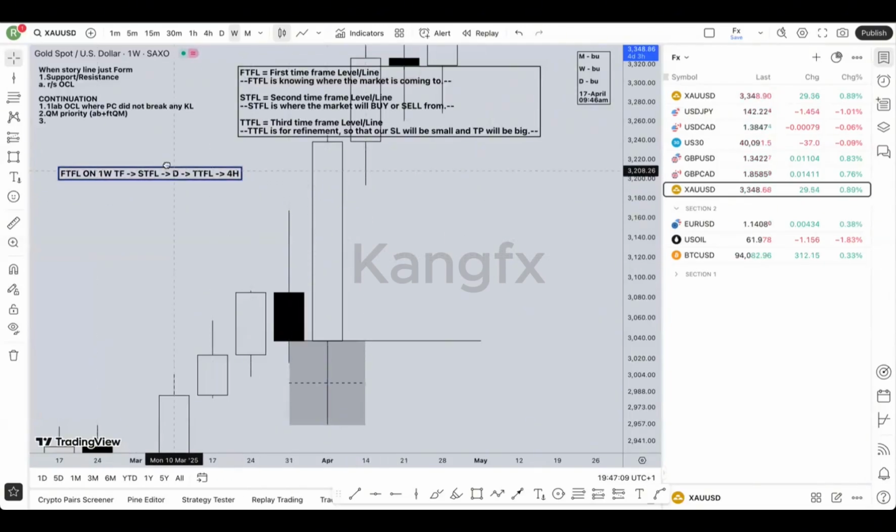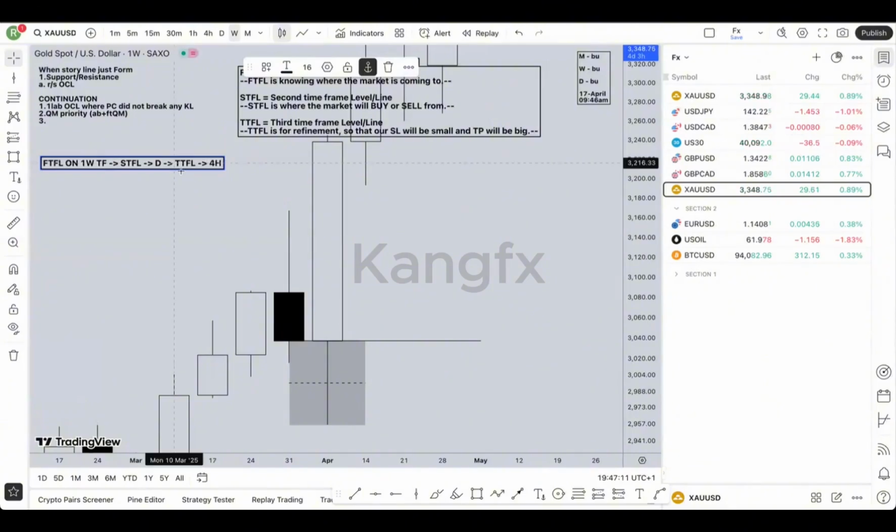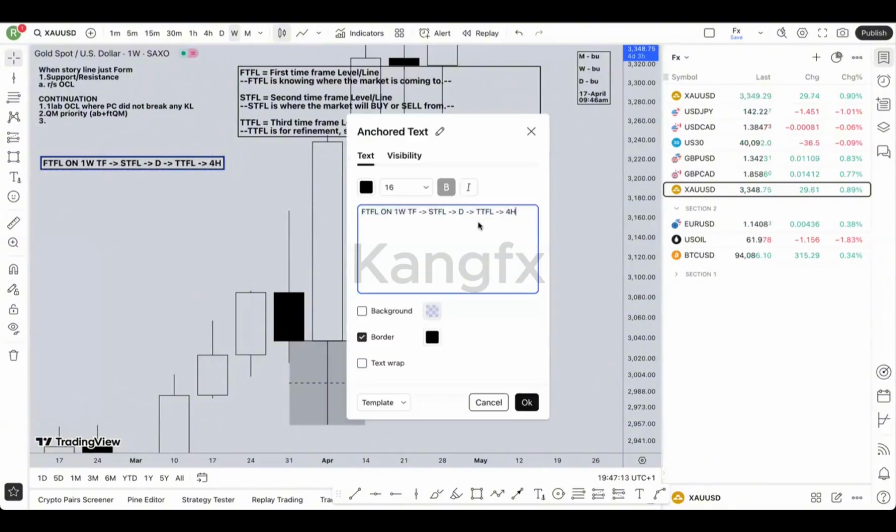So this is how we are going to mark it. Then if our FTFL is on daily, let's do that also because we're going to work on that. If it's on daily, our STFL is going to be on 4 hour. Our TTFL is going to be on 1 hour.